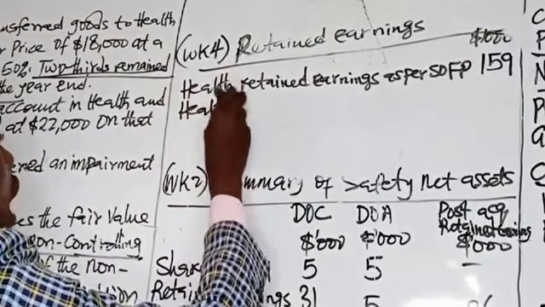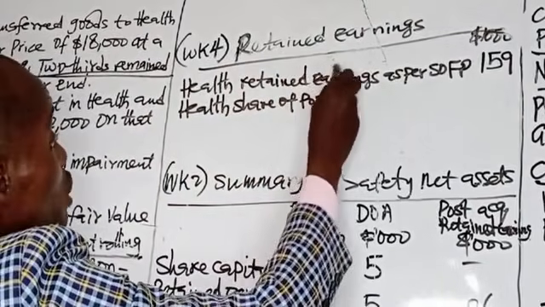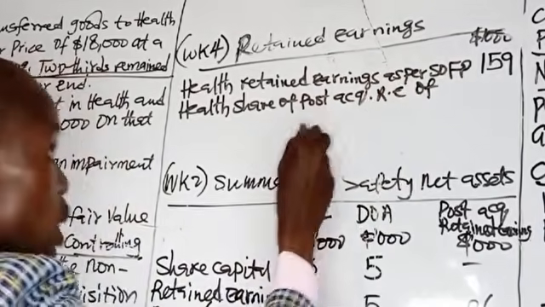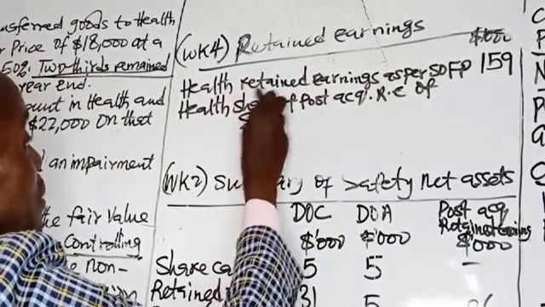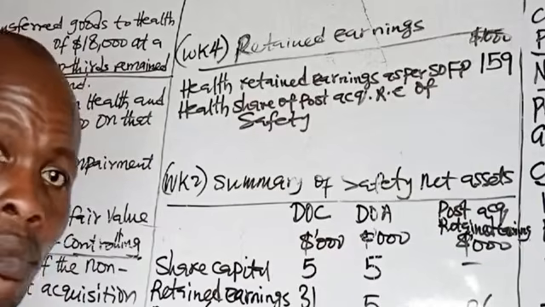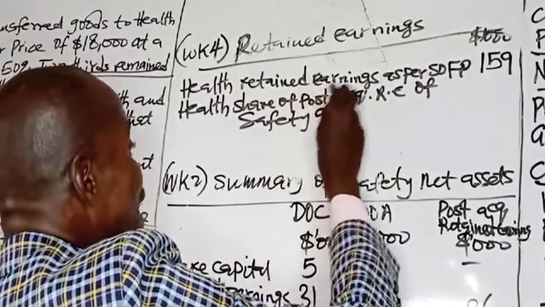Then you now have Head share of post-acquisition retained earnings of the subsidiary, and the subsidiary is Safety. Remember what Head acquired in Safety is a 90% stake.